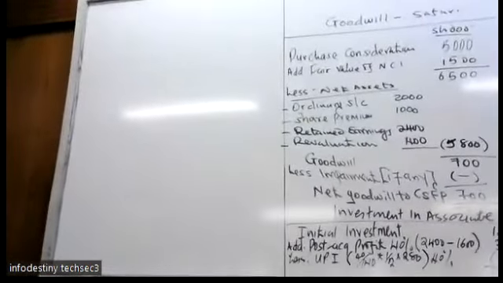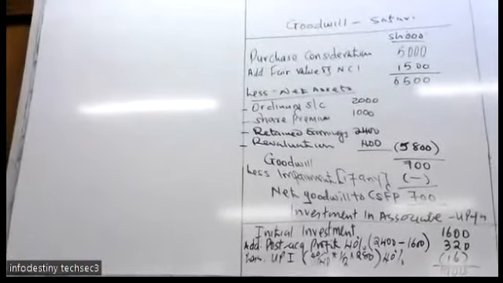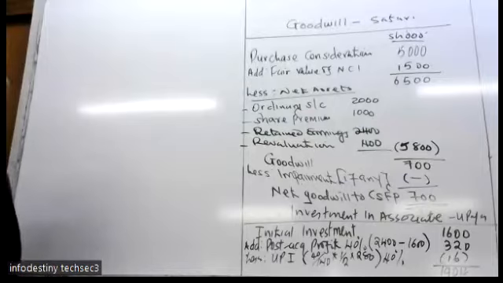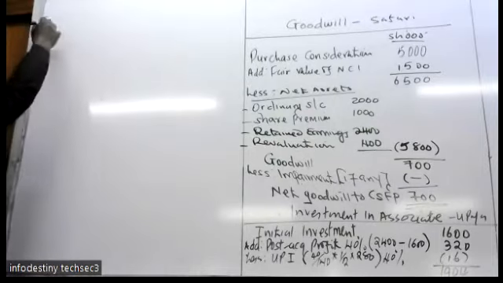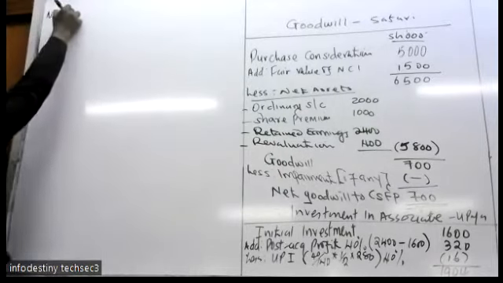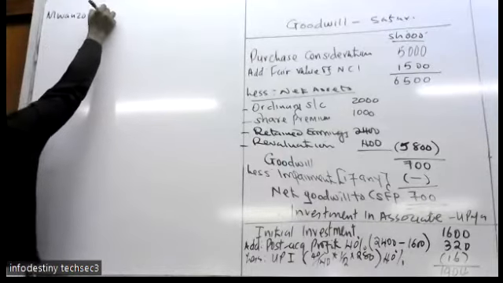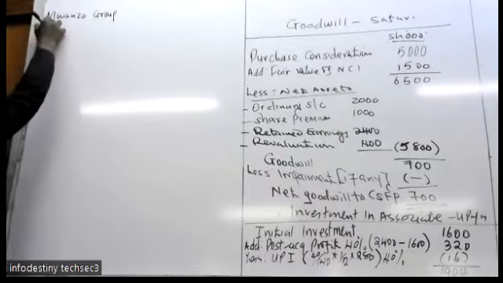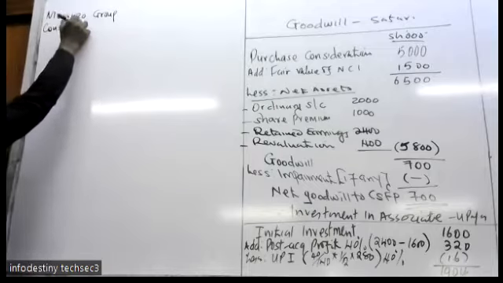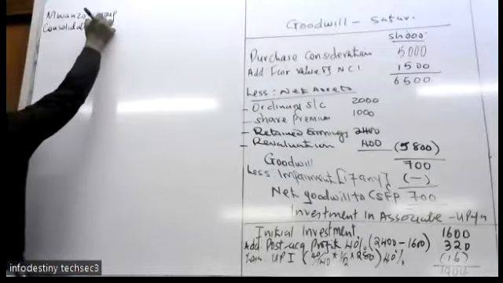Let's prepare. Write the name of the parent. You write Mwanzo Group, consolidated statement of what?